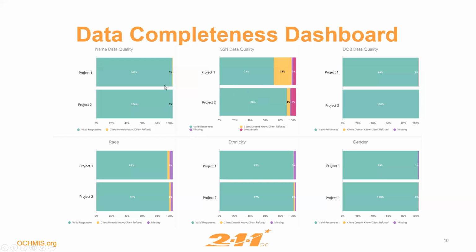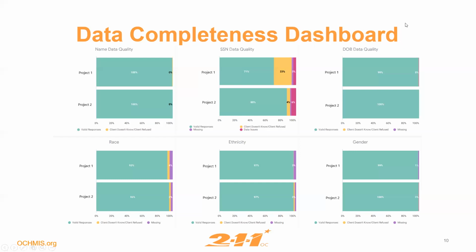And then for these top three here specifically, name data quality, SSN data quality, and date of birth data quality, there is an option for data issues because according to the HUD guidance, if a client enters like an approximate date of birth or a partial SSN or like a partial name, those are considered data issues by HUD.